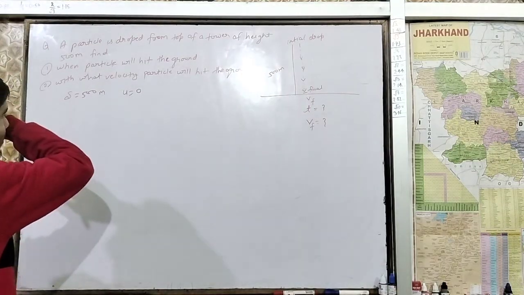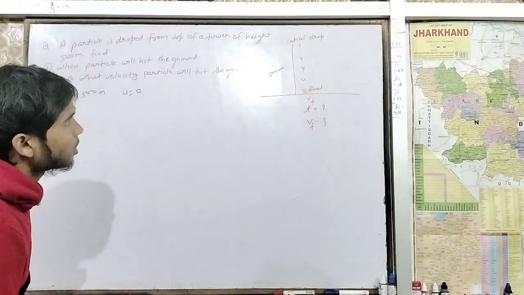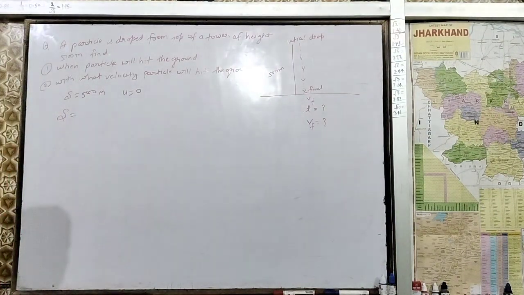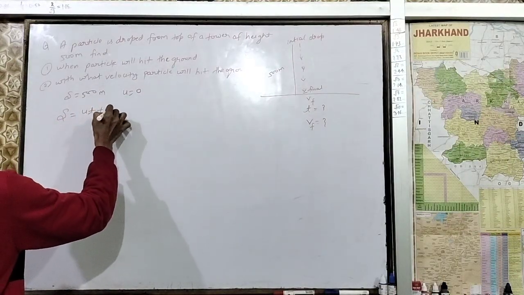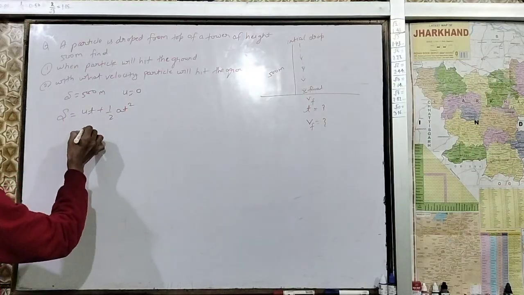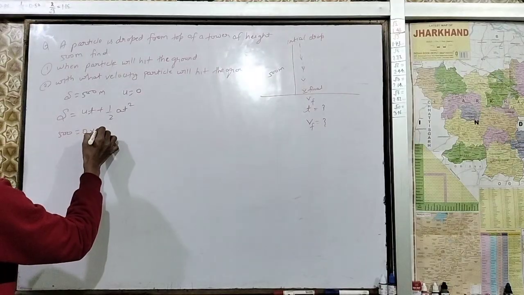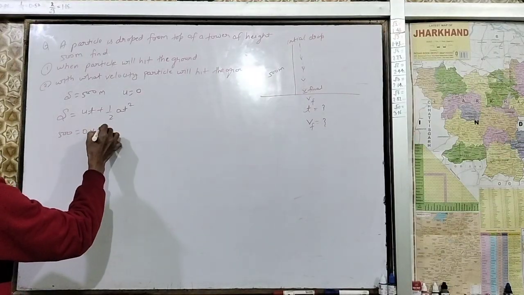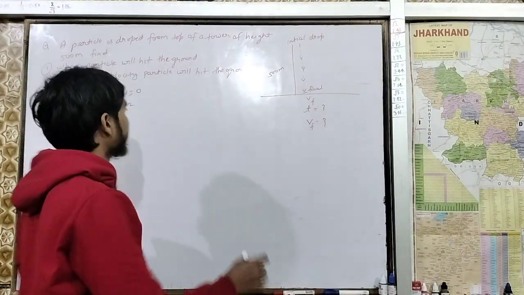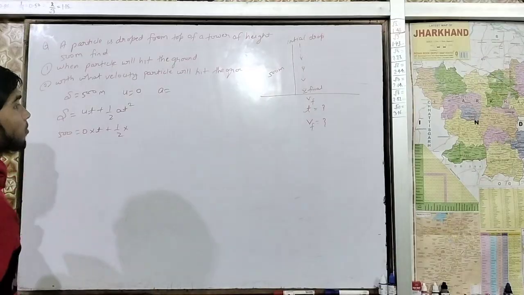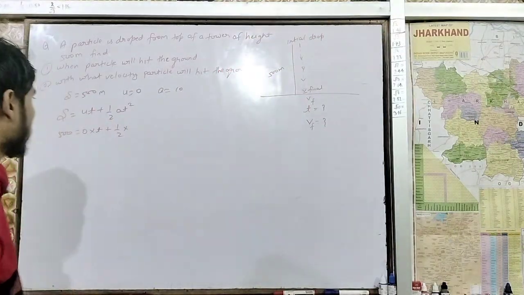Can we calculate? We are able to use this formula, second equation, ut plus half at square. U is 0, s is 500, t we don't know, plus 1 by 2, a is how much? Acceleration will become 10. Why 10? Because we are considering downward as positive.